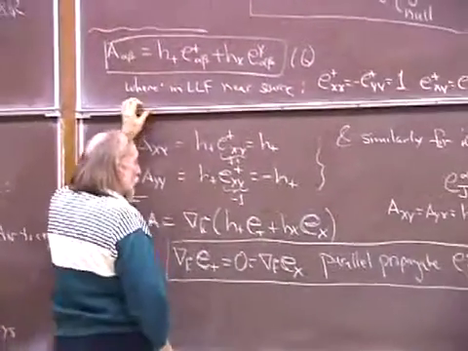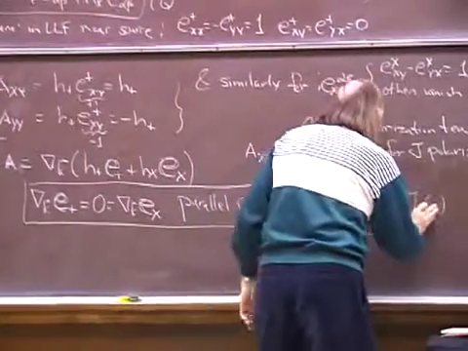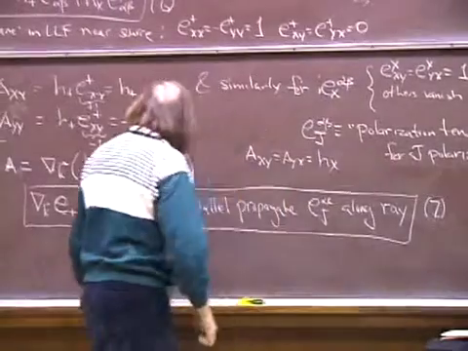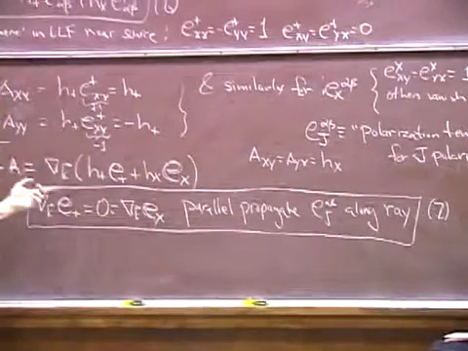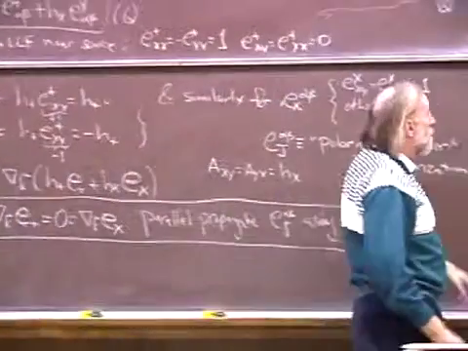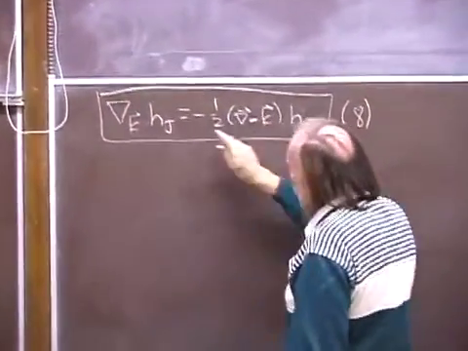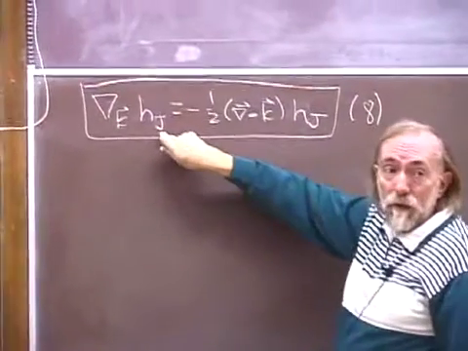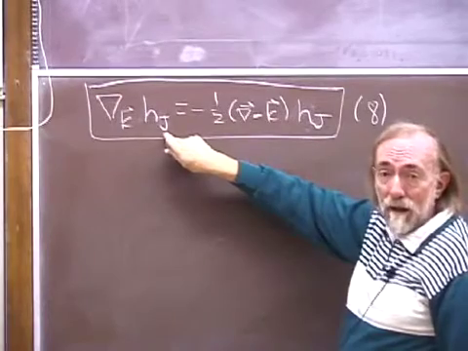And then the propagation law has 2 pieces. Equation number 7 says that you parallel propagate the polarization tensors along the ray. Equation number 8 is a propagation law for the gravitational wave fields h plus and h cross. So that's sort of a summary of what we have.